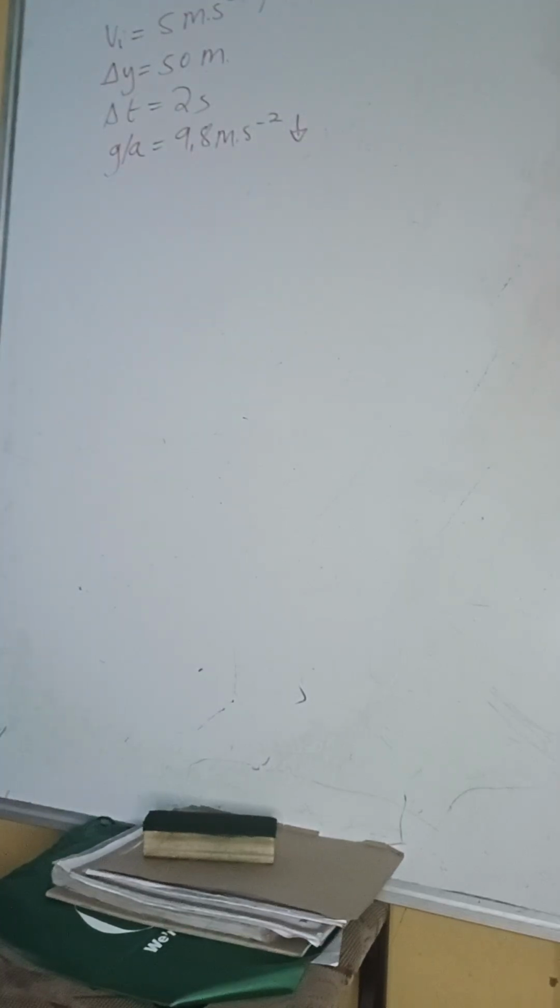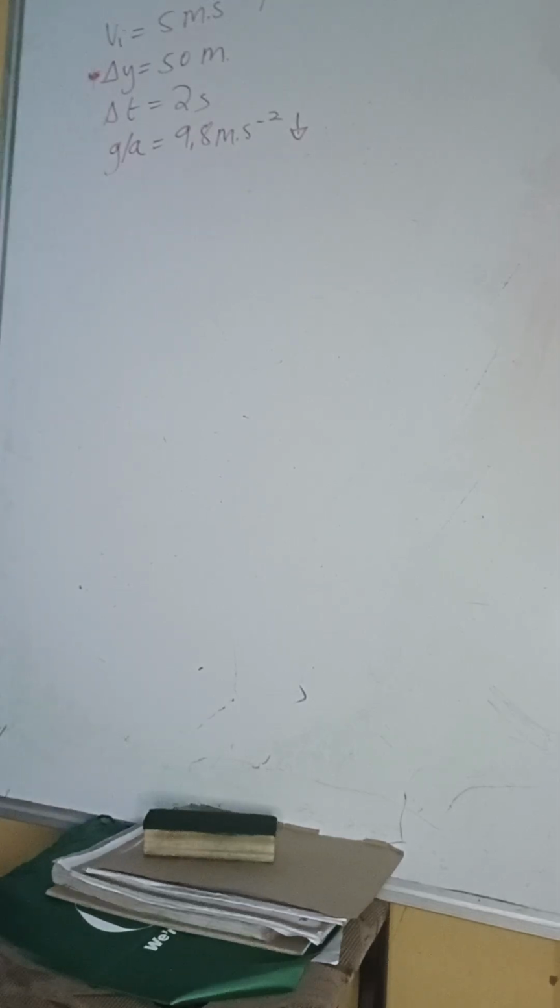Then after writing all of this, now they say what? They want the distance between the hot air balloon and the ball after 2 seconds. Meaning here you are looking for delta y. You forget about this.